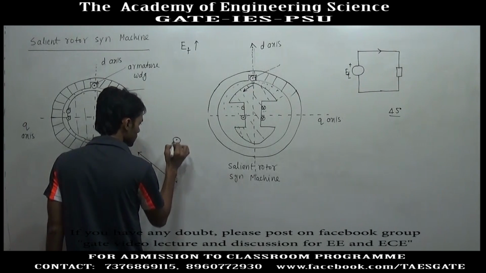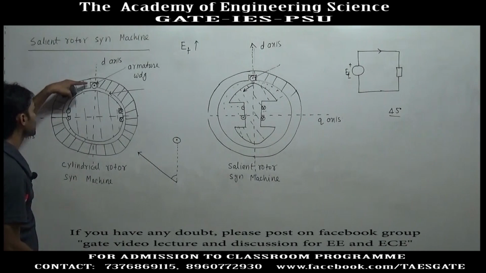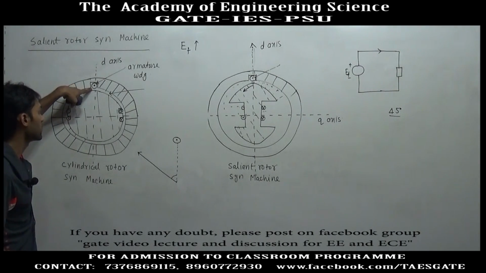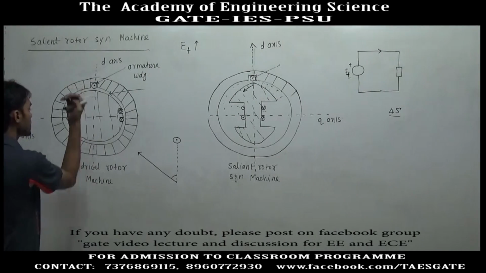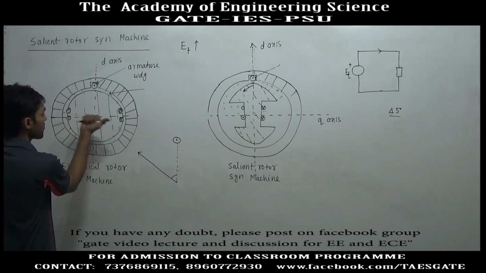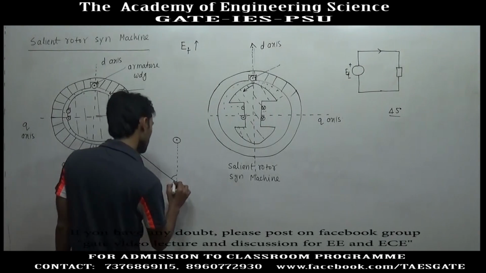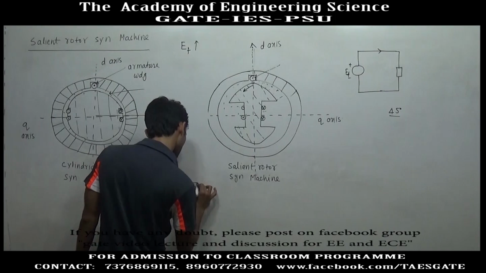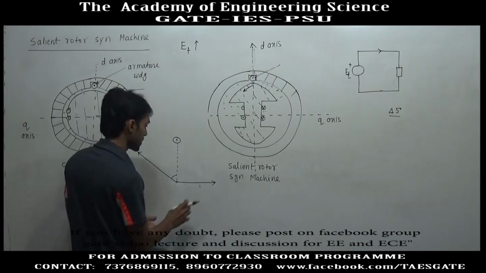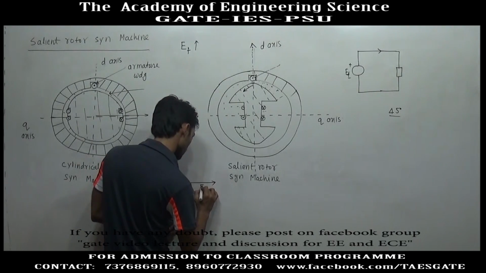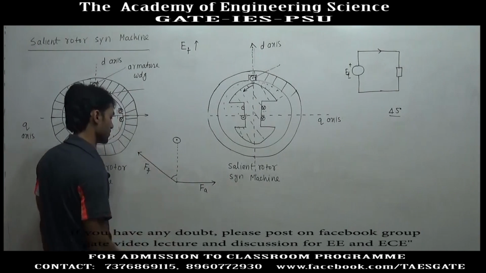So, at this instant the current is maximum, and at the same instant the MMF due to this current will be maximum. And what will be the direction of the MMF due to this current? The current is coming outward, so the direction of MMF will be in this direction. We will say this is the direction of armature MMF, and this is the direction of field MMF.